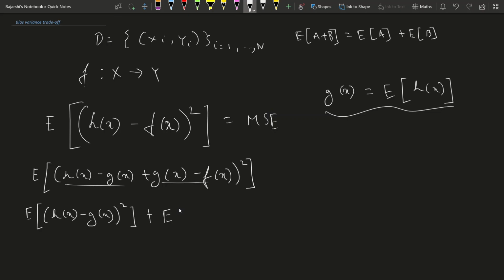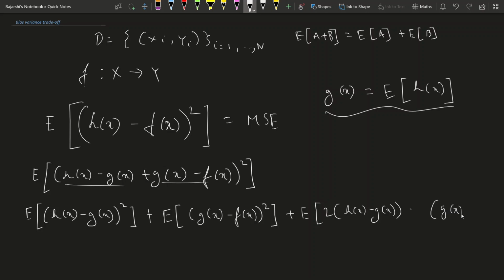Similarly, this one will be g of x minus f of x whole squared, plus the expected value of twice h of x minus g of x times g of x minus f of x.